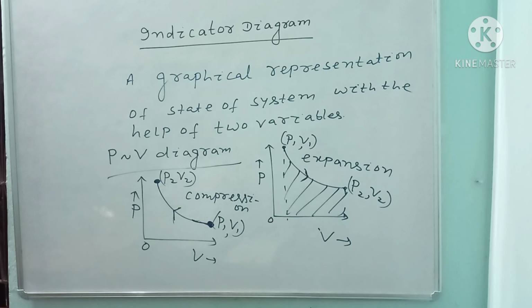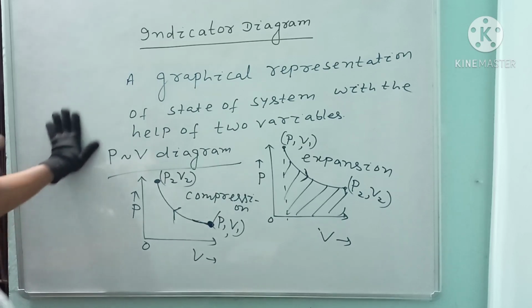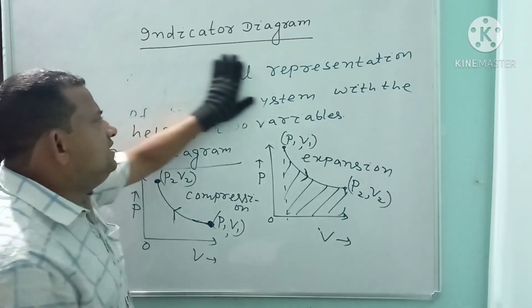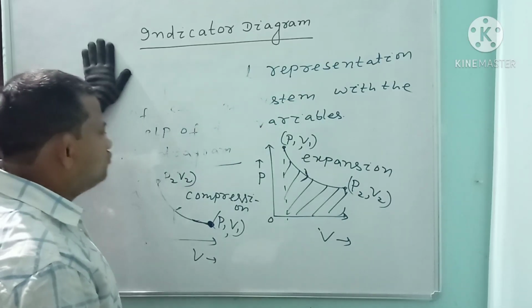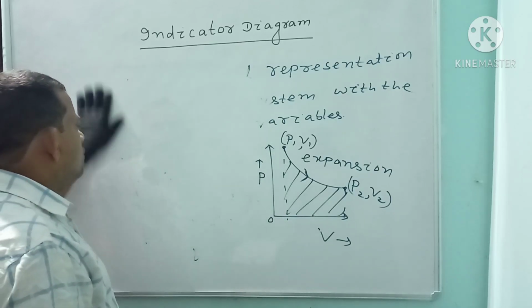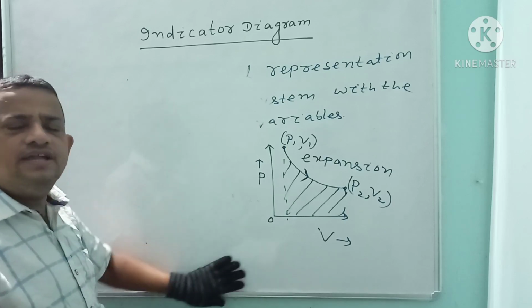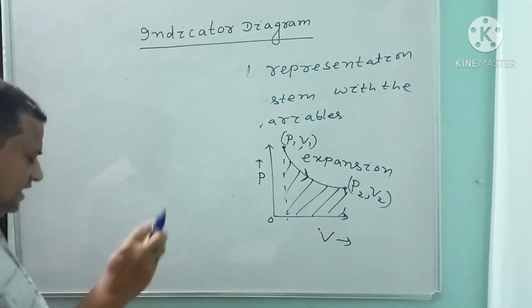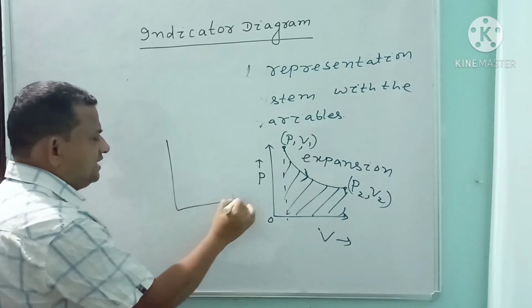So when a system or gas expands, work is done by the system, but when gas is compressed, work is done on the system. So students, this is the indicator or PV diagram, and from this you can find out the work done. If you take the area, one questions how area is taken. Suppose, for example, you take the graph like that.